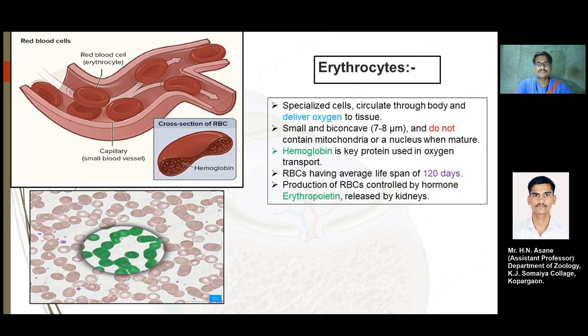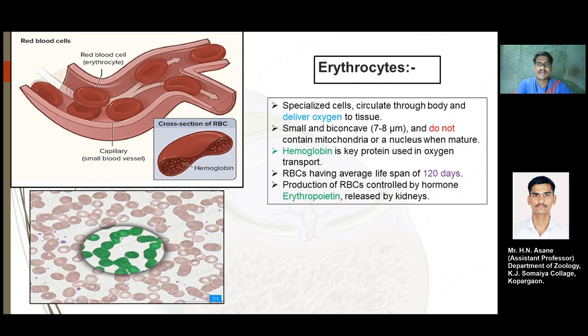That's why there is more space for the hemoglobin molecule, and more oxygen gets transported to its targeted organ or targeted cell. So hemoglobin is a key protein used in oxygen transport.